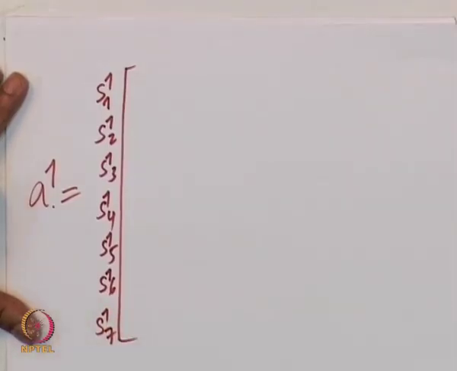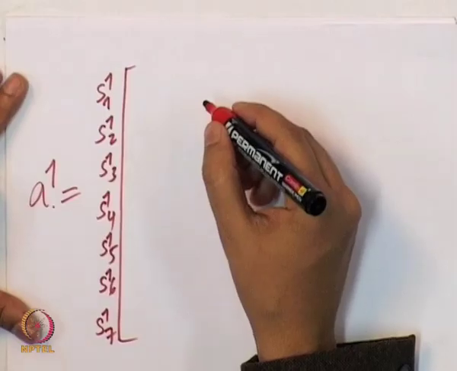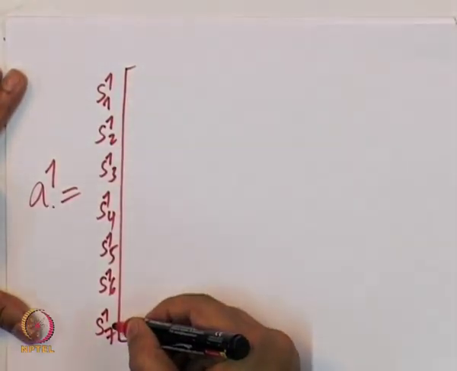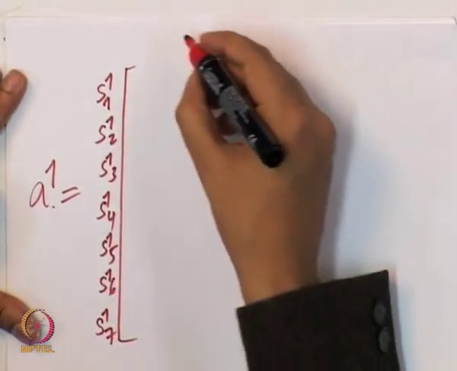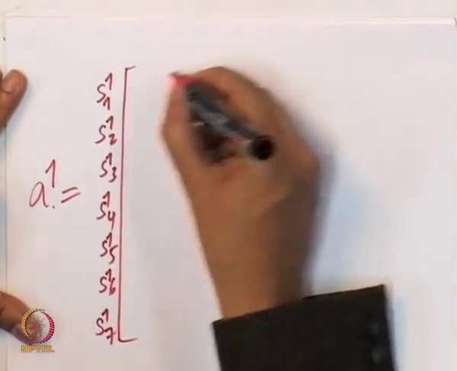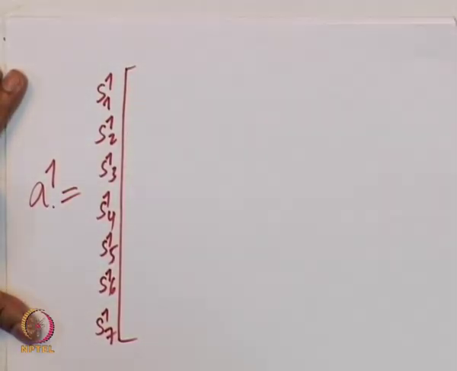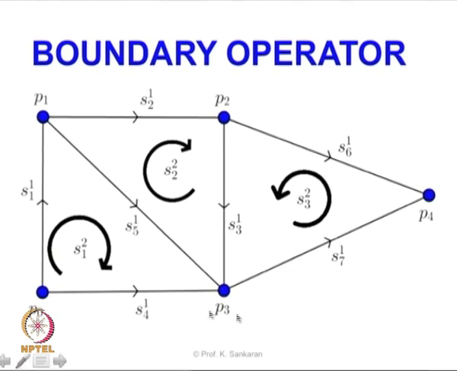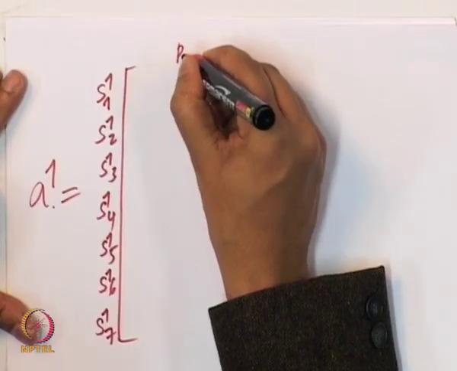These are the 7 edges, and we said the rows will be the number of edges and the columns will be the number of nodes. We have totally 5 nodes, given by P0, P1, P2, P3 and P4. So let us write them down.